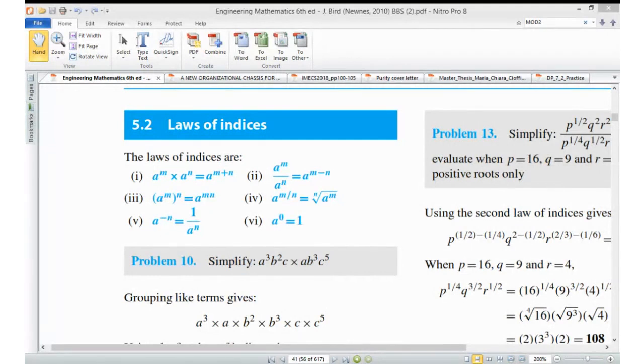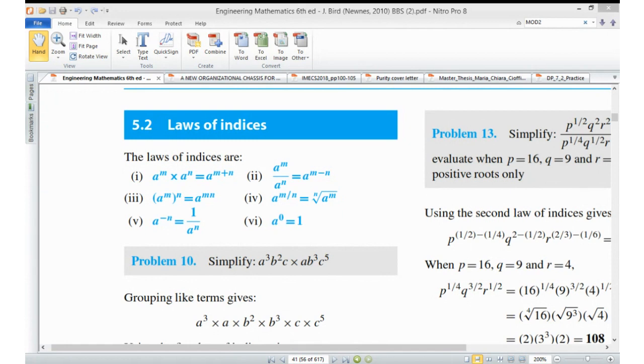So the word power and the word index will be used interchangeably. They mean the same thing.